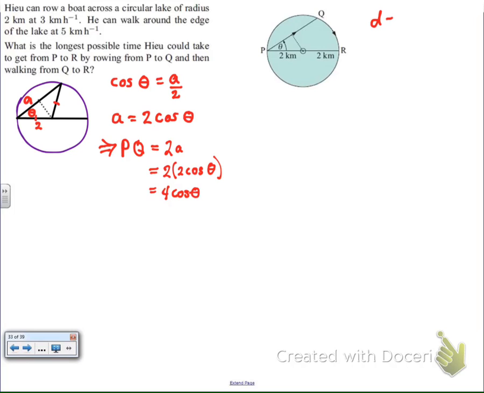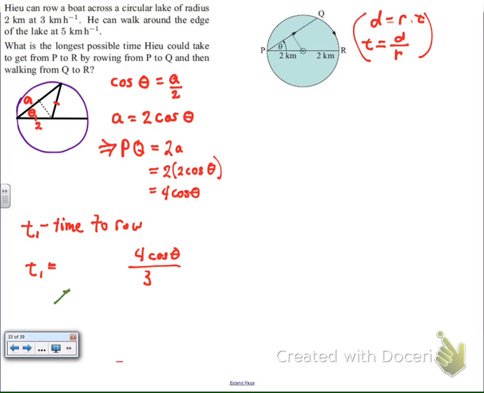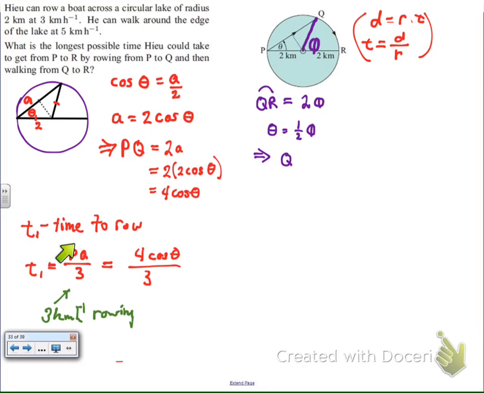Now I need to find a little bit more. First of all, I was reminded that distance equals rate times time over in the upper right hand corner, and so I utilized that to find T1, and I define T1 as the time it takes to row. Therefore T1 is going to equal PQ over 3, because 3 represents the rowing speed.